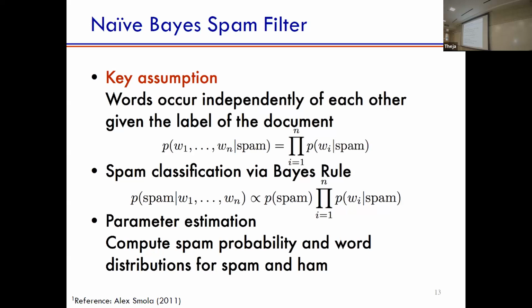By the way, this symbol means proportional to. If you wanted to write equal to, there would be a denominator, which would be the joint probability of the words only: the probability of W1, W2, W3, W4, Wn. But let's ignore that, because it turns out that joint probability is irrelevant.